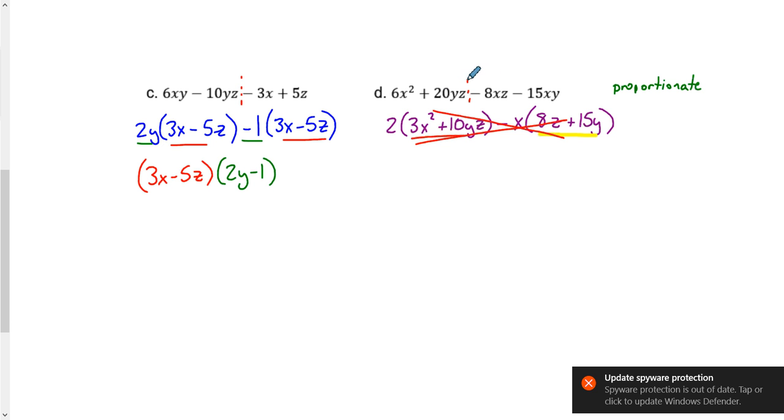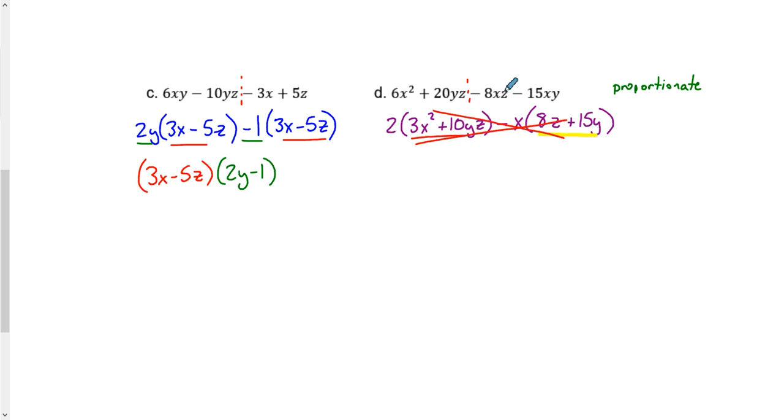One thing we can see is that this 6 and this 8, well, the 6 is 3/4 the size of the 8. The same thing with the 20 and the 15, they are within the 3/4 proportion.